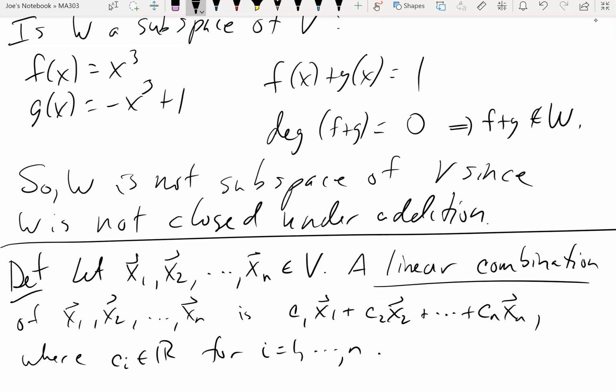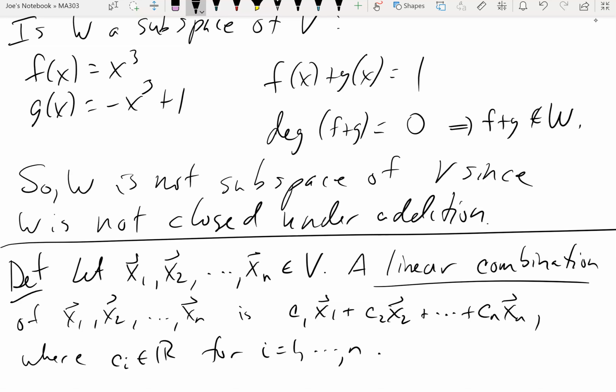For example, if I ask you to find all functions that have a derivative of 3x squared, what do you tell me? Well, tell me a function that does have a derivative of 3x squared.